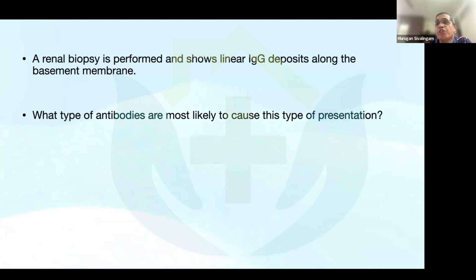The only way to distinguish is by looking at the immunofluorescence or at serum markers like ANCA, anti-GBM, etc. In the immunofluorescence, what you find in Goodpasture's is linear IgG deposit on the basement membrane, whereas in ANCA-positive vasculitis it will be pauci-immune. What I mean by that is you do not see any immune deposits.